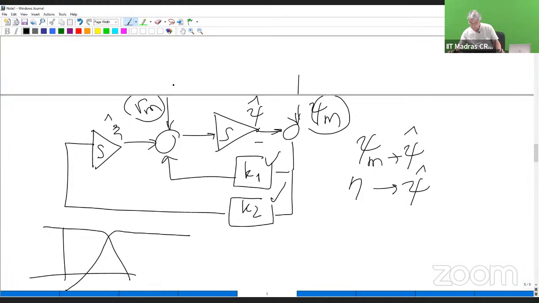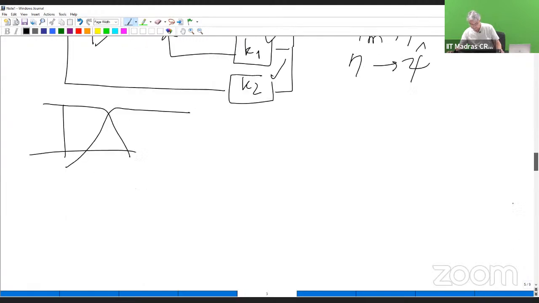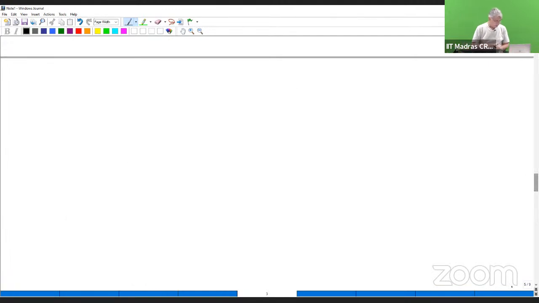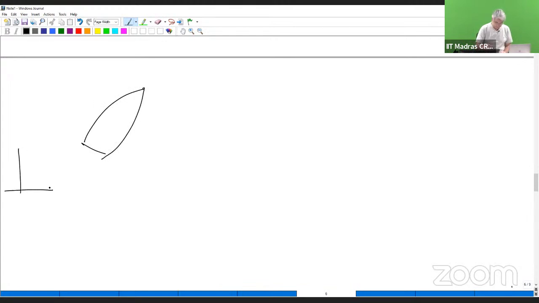Now, why did I spend so much time with this example? Because if you solve this example, then very quickly you can solve another problem, which is the following. If you have a boat, if you have a ship, and here you have the inertial reference system, so you have X_I, Y_I, and you have the position of the center in inertial.